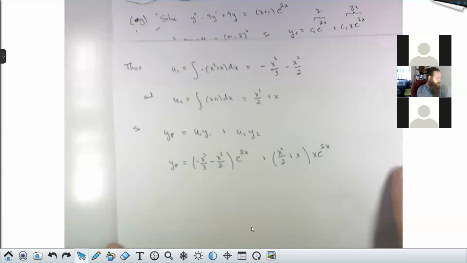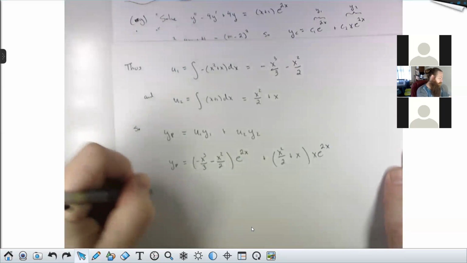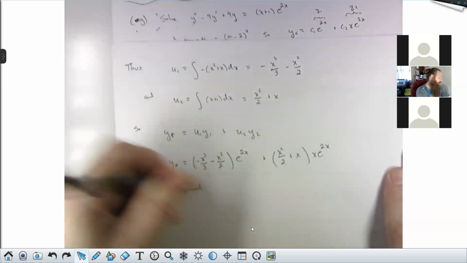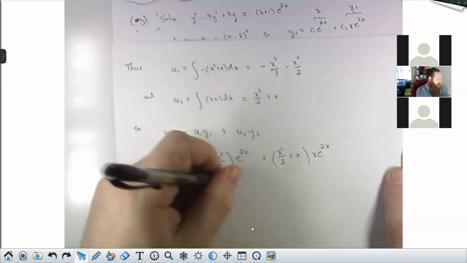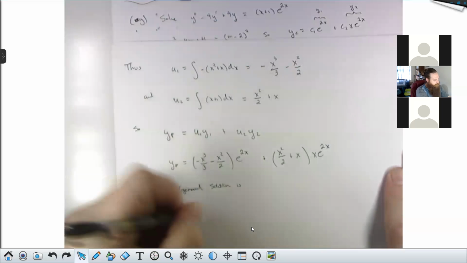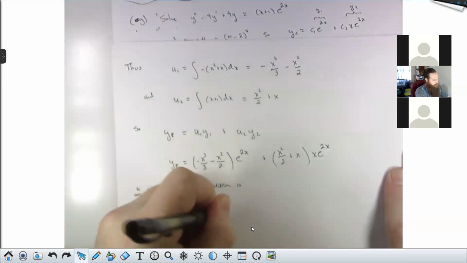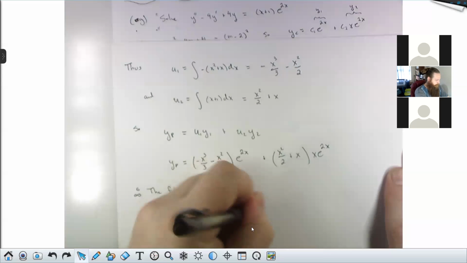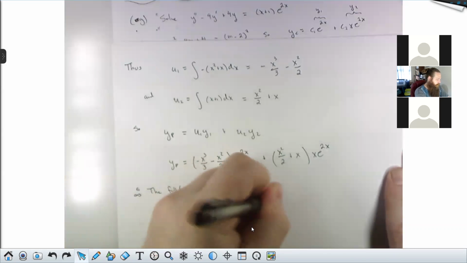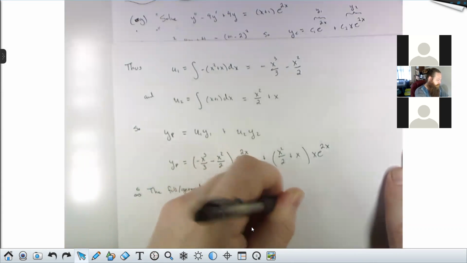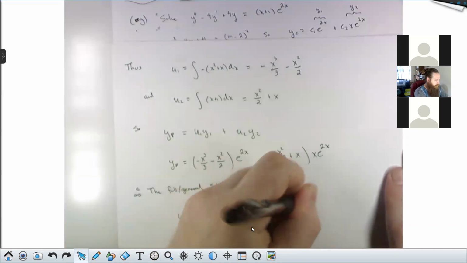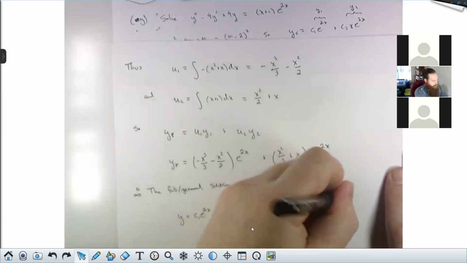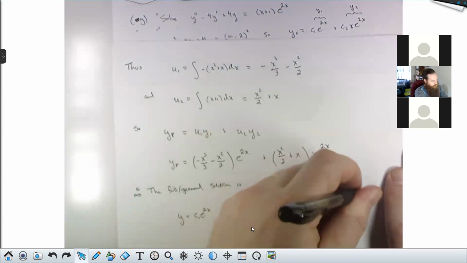So, therefore, the full general solution is y equals c1 e to the 2x plus c2 x e to the 2x, plus negative x cubed over 3 minus x squared over 2 e to the 2x, plus x squared over 2 plus x e to the 2x.